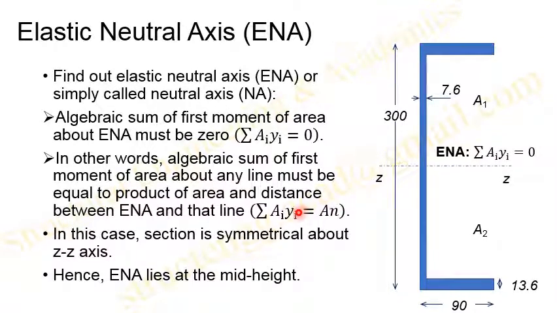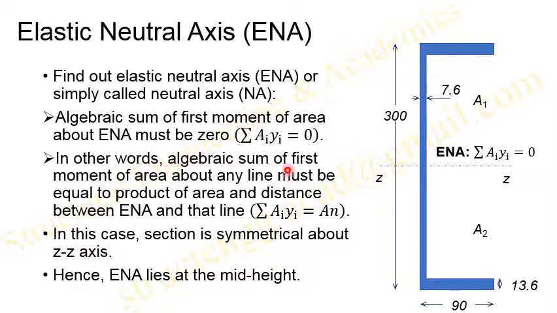This can also be written as the algebraic sum of first moment of area about any line, let us say, rather than this line I'm taking some other line here. This is helpful because sometimes we take this as the datum or reference line when we are talking about the major axis. So this formulation, this definition, is important.